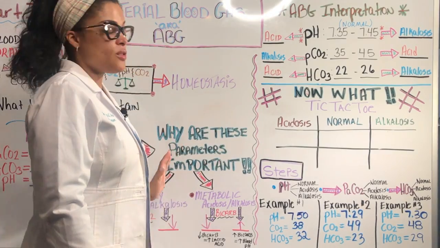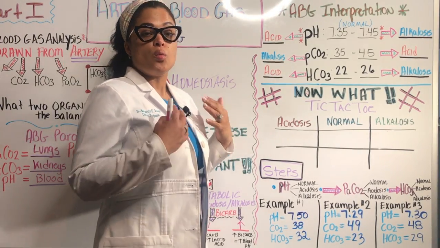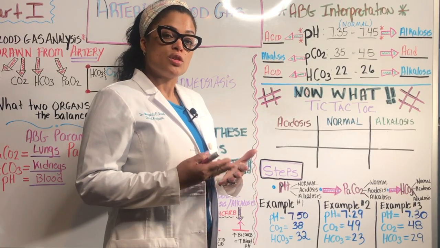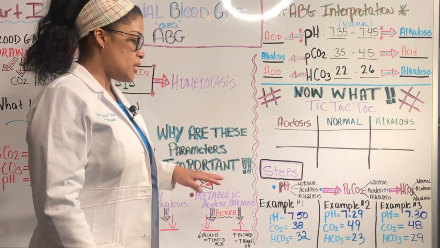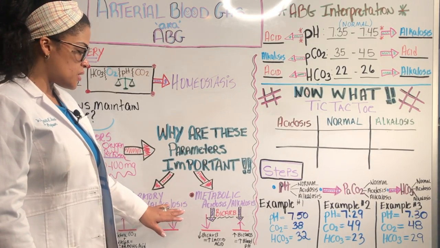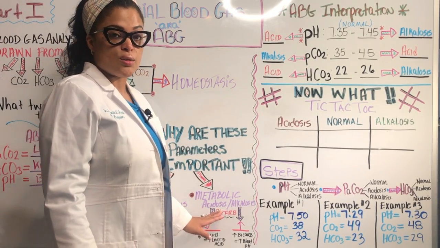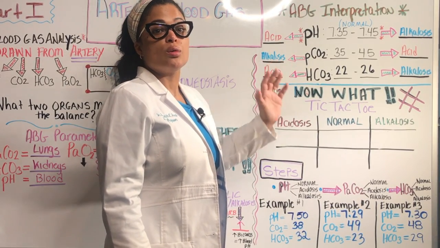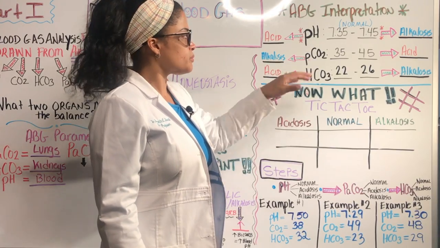So all of this information that I've gathered, we're going to get a result for our patient. And in order to be able to interpret those results to determine if the patient is under respiratory acidosis or alkalosis or metabolic acidosis or alkalosis, we need to know the normal values in order to know the abnormals.